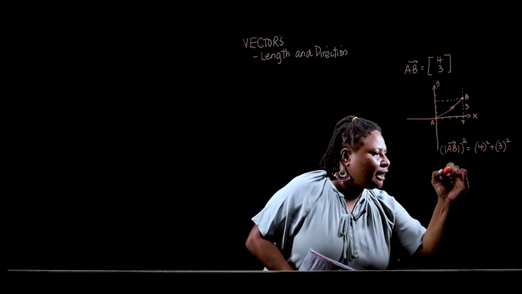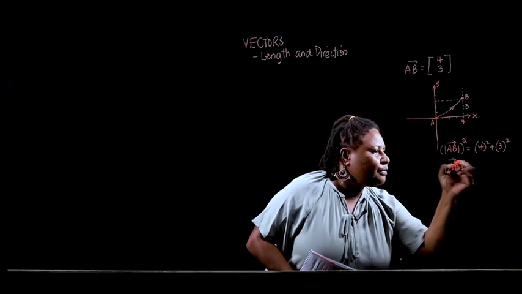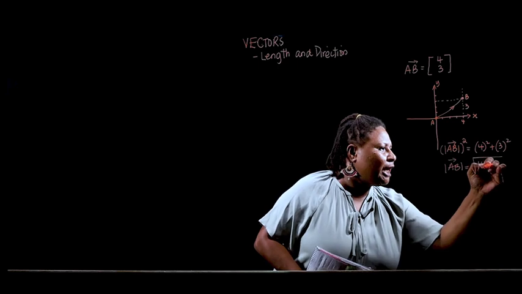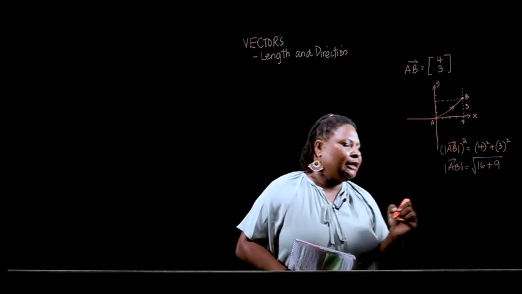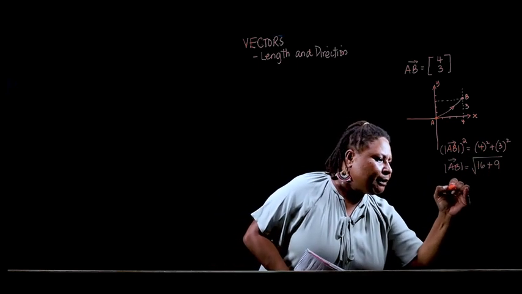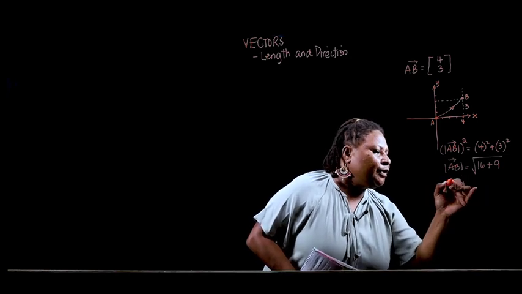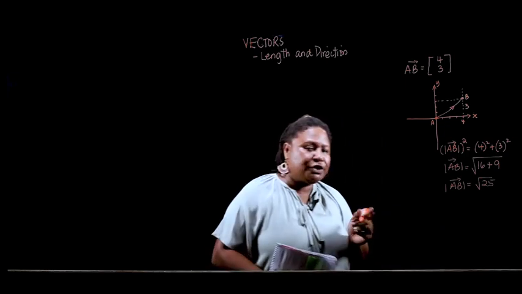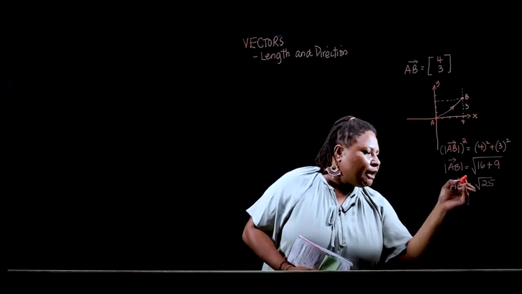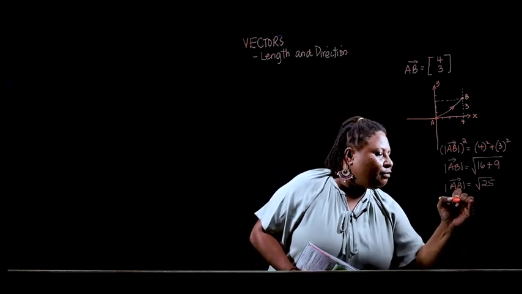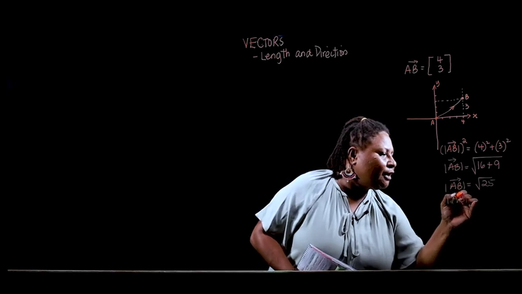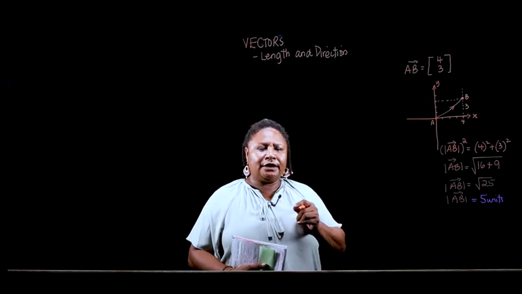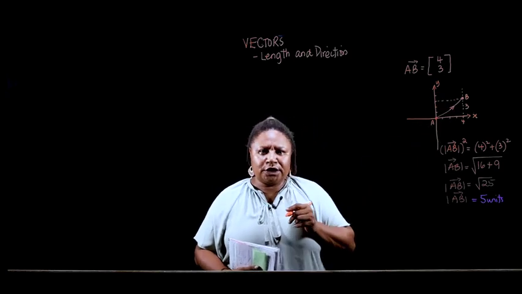The length of vector AB is equal to the root of 4 4s, 16, plus 3 3s, 9. So the length of vector AB is equal to the square root of 25, which is a square number, by the way. So our vector has a length of 5 units. The vector is 5 units long.